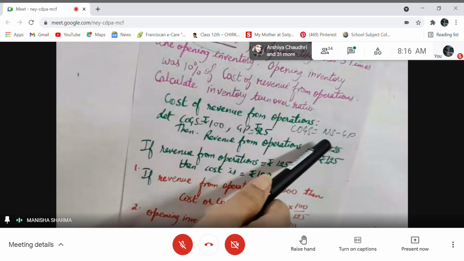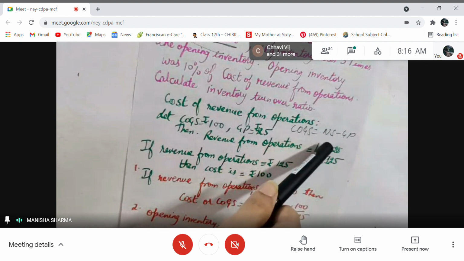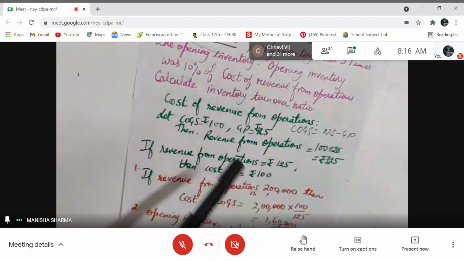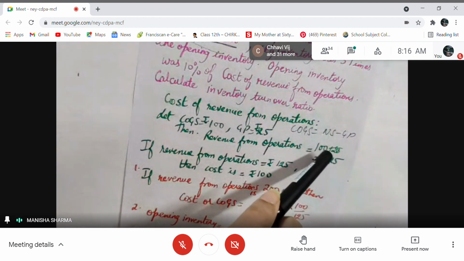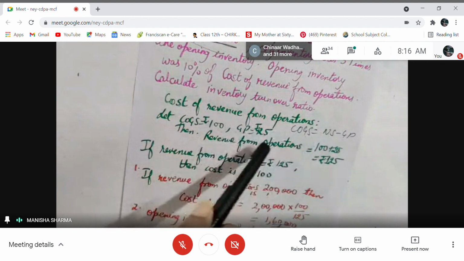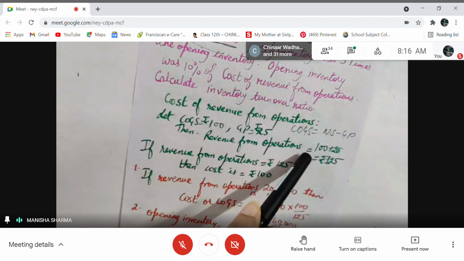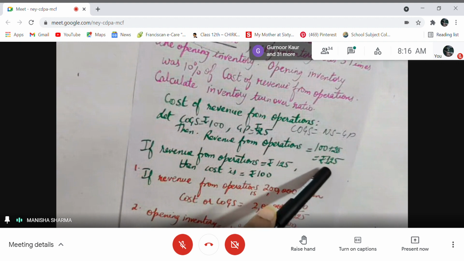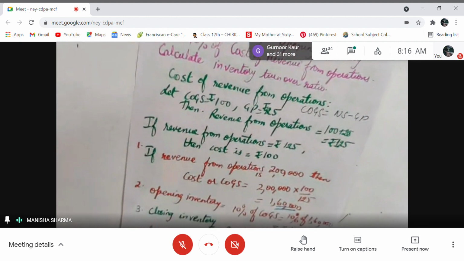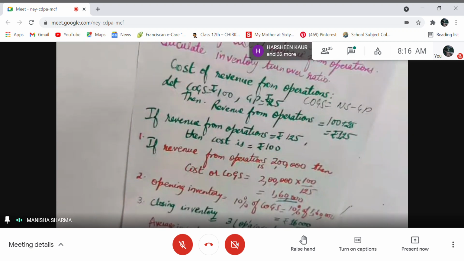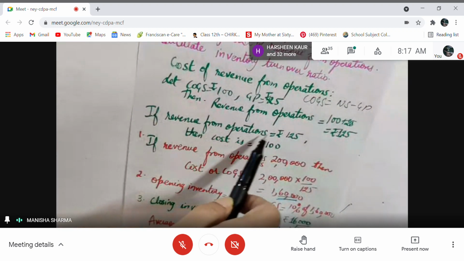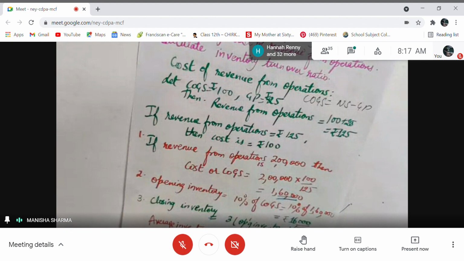So net sales will be, using this formula, COGS plus GP. I've assumed COGS to be 100, GP is 25. So net sales or revenue from operation will be 100 plus 25. It will be rupees 125, right? Now we'll write that if revenue from operation is rupees 125, then cost is 100, right?